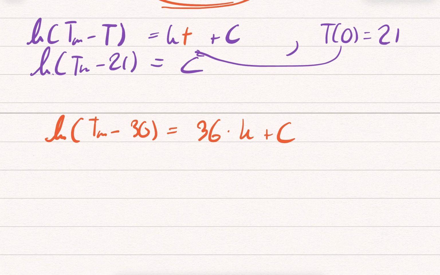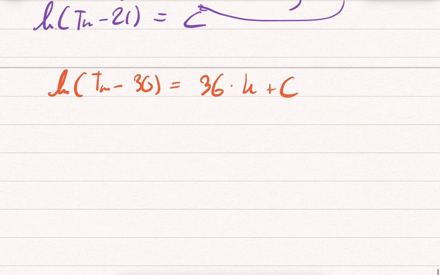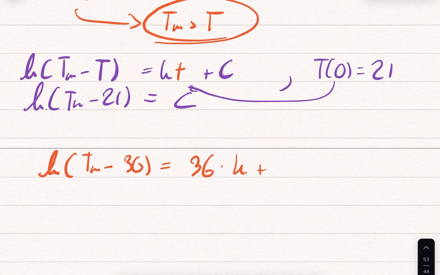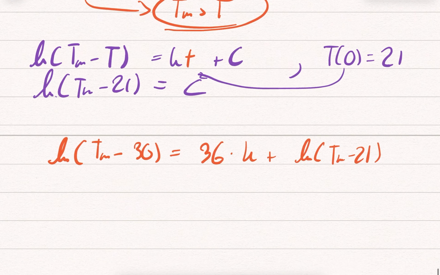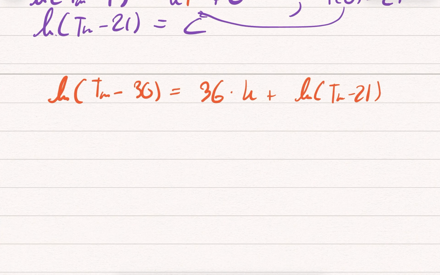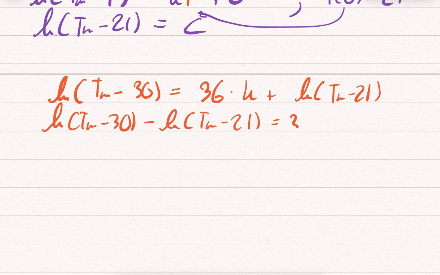Let me just plug in C right now: ln of Tm minus 21. So what I'm going to do here is ln of Tm minus 30 minus ln of Tm minus 21 equals 36K.